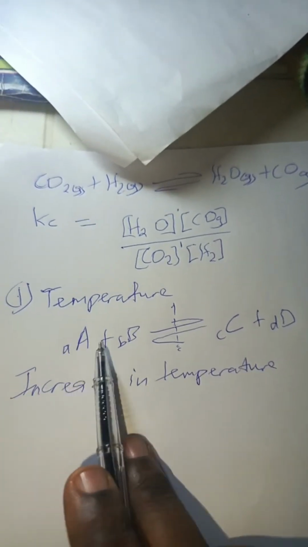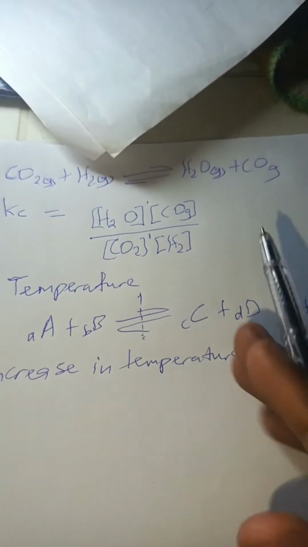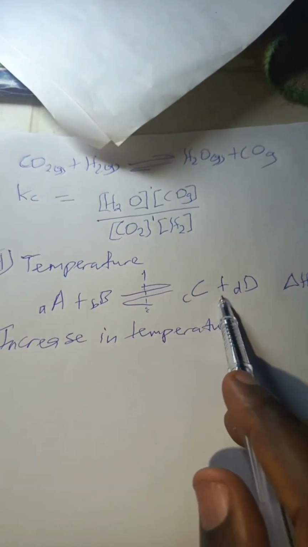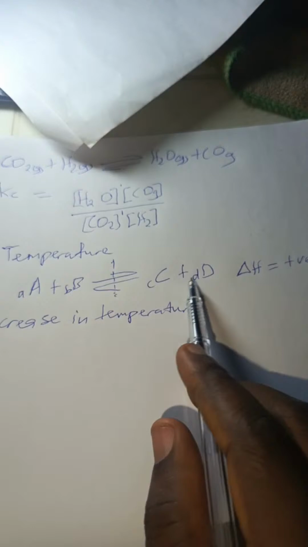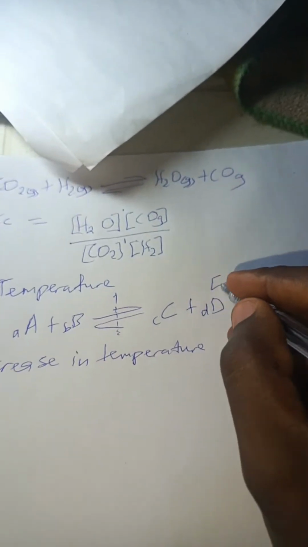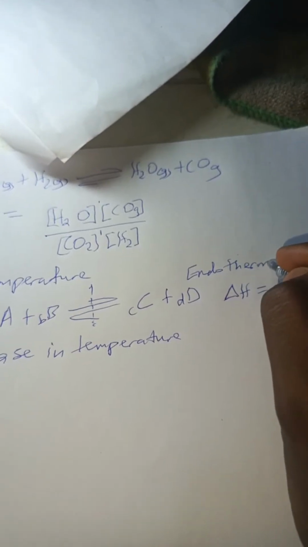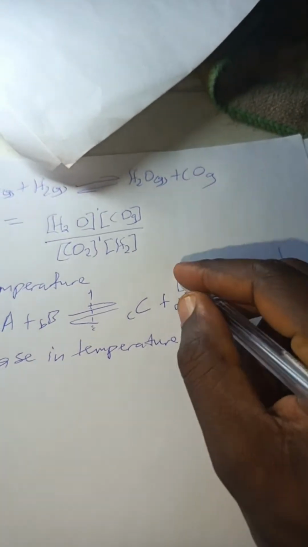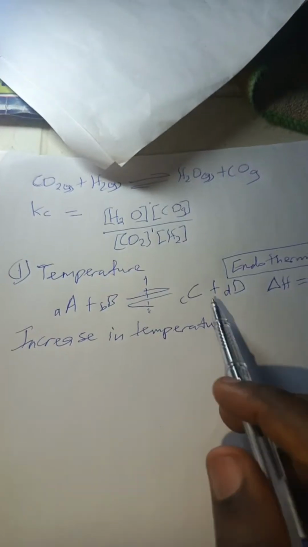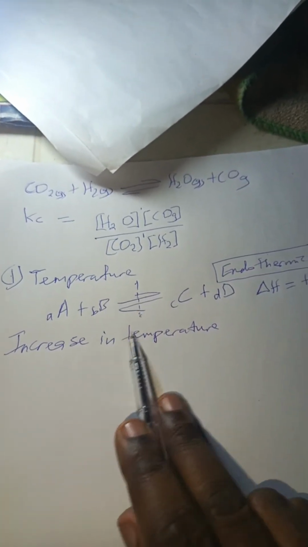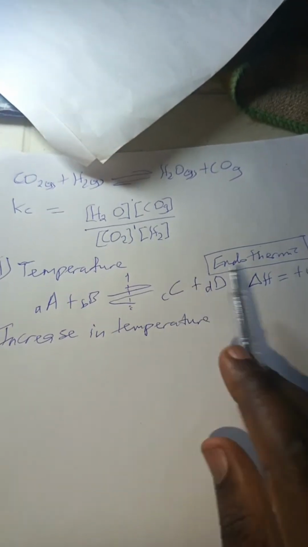Increase in temperature, we shift the equilibrium to the right, which means it favors the production of more of the product, because this is an endothermic reaction, where heat is being gained into the system. So when you have something like that, increase in temperature, we shift the equilibrium to the right.